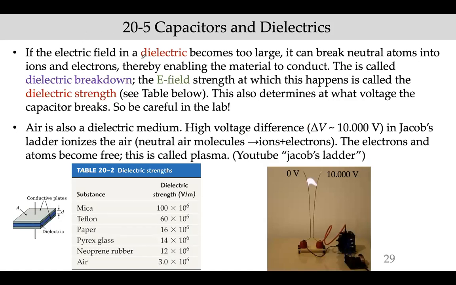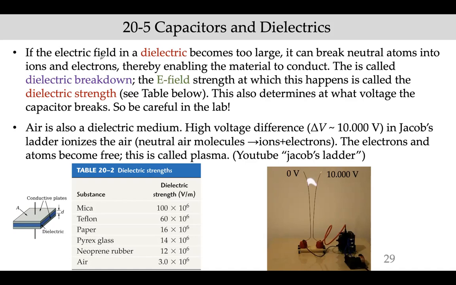If the electric field in a dielectric becomes too large... you can have dielectric materials like paper, mica, Teflon, rubber, or any other material, even air, which is different than vacuum. Air also has a dielectric value.